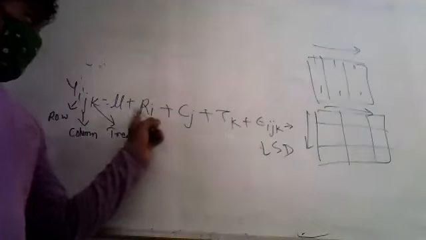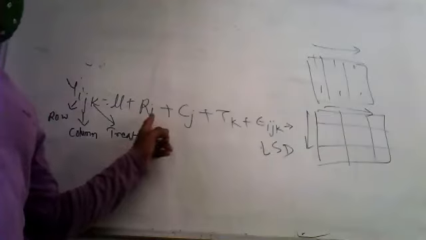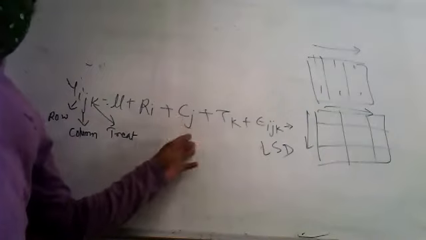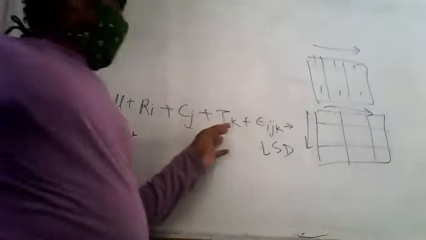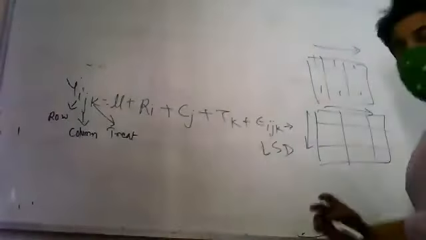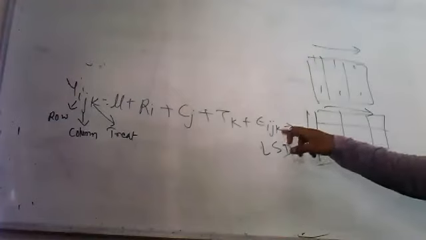Mu is the general mean. Ri is the effect of ith row, Cj is the effect of jth column, Tk is the effect of kth treatment and epsilon ijk is the experimental error associated with kth treatment in ith row and jth column. समझ रहे हो.